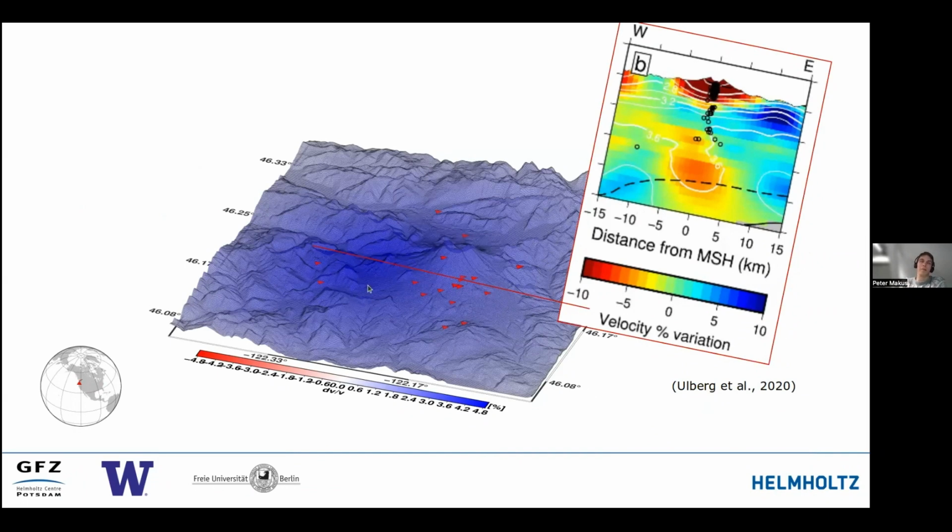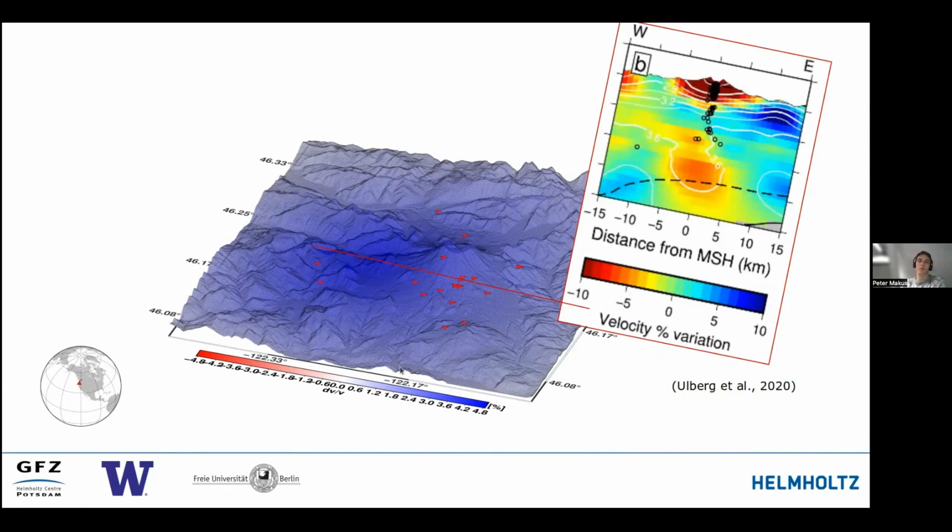So if we have basically a deflating magma chamber, which would allow everything on top to settle a little bit, and basically the cracks to close, we would again expect positive velocity change. So far so good. And of course, this is only one frequency we look at here.